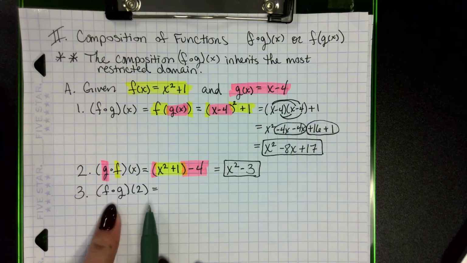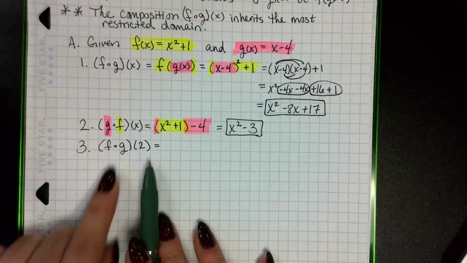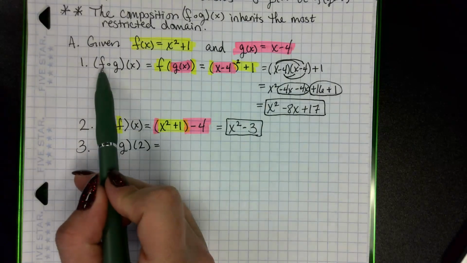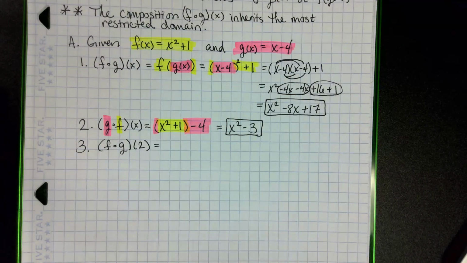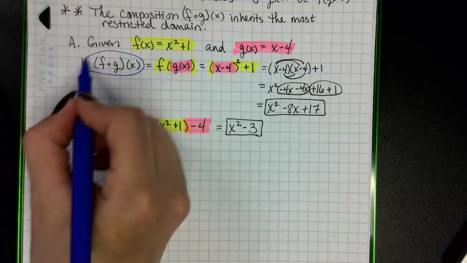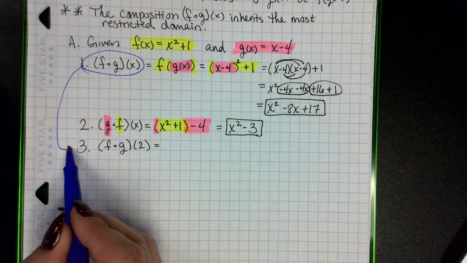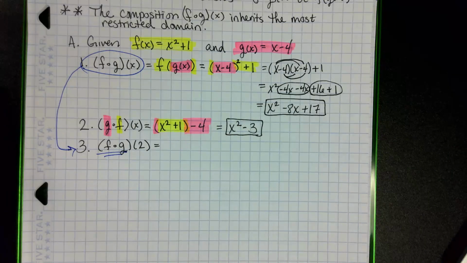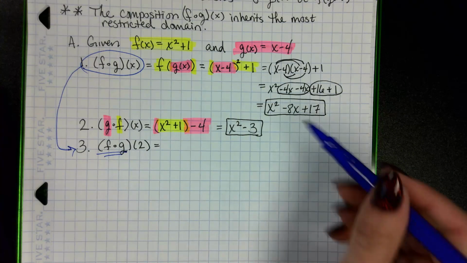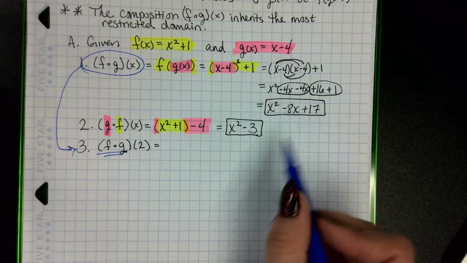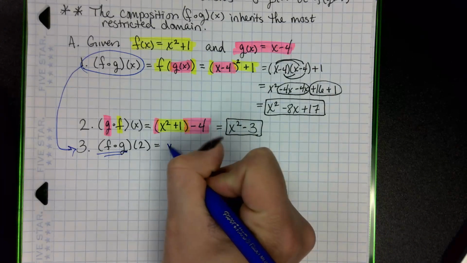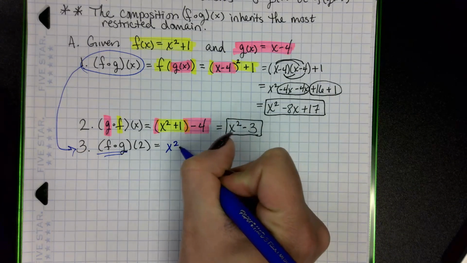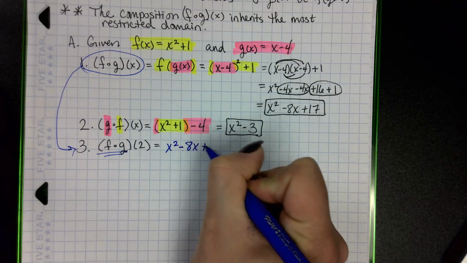Well, we've already done the composition f of g of x, right? That's what we did right here. Since we already did f of g of x, and now it's asking for f of g of 2, I'm going to take what I got for f of g, which was x squared minus 8x plus 17.